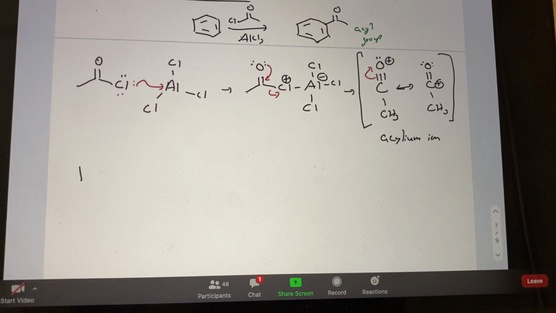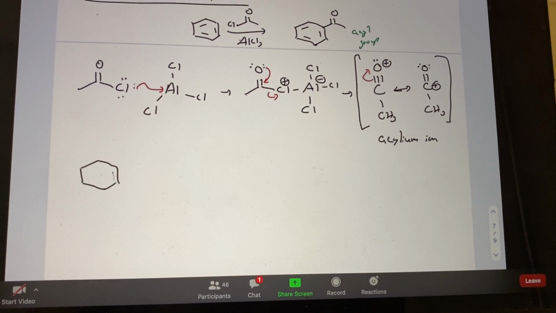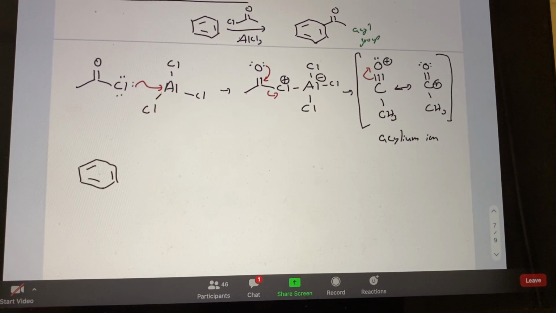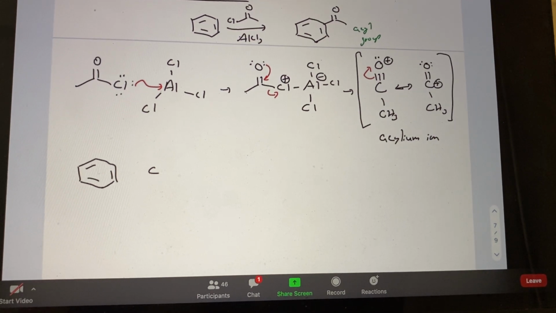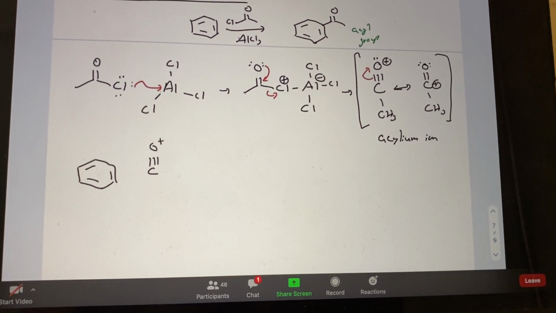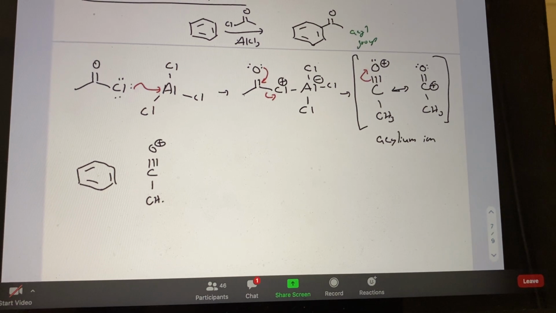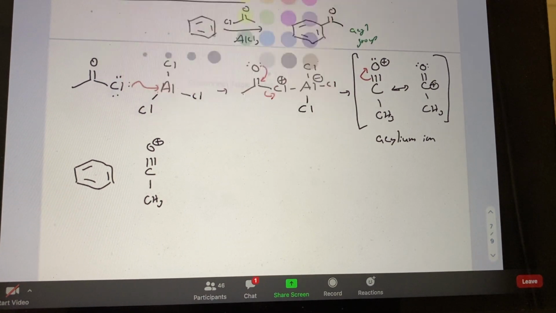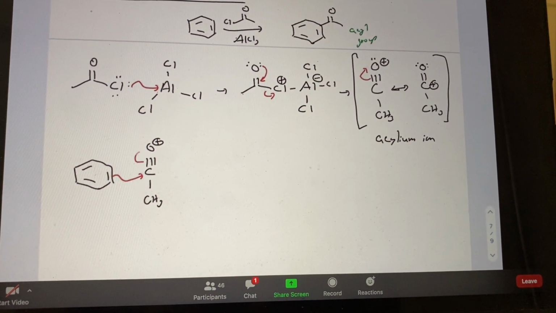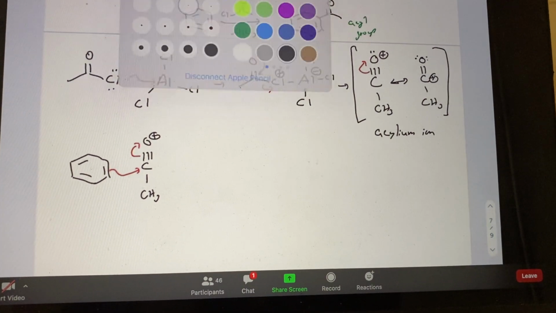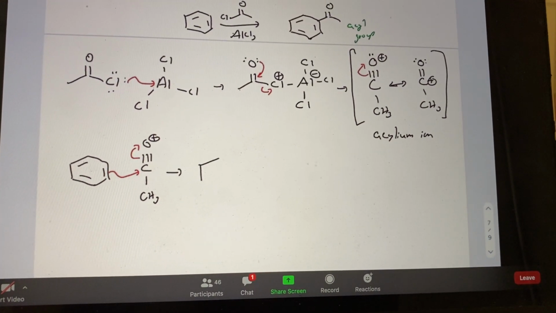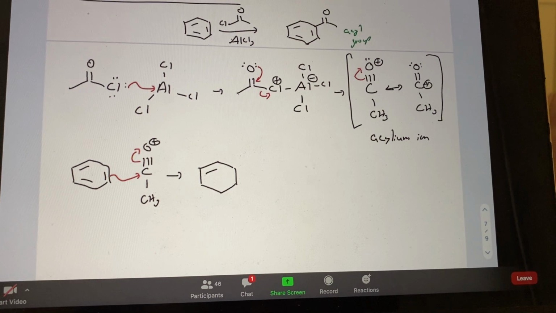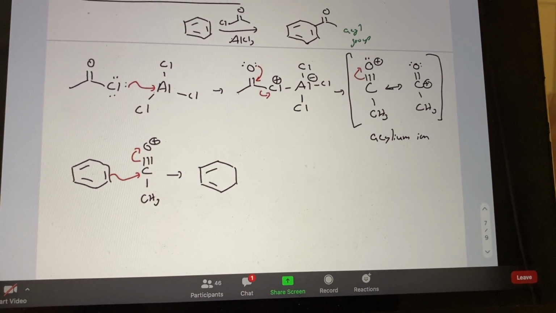So now let's just go back to the reactions that we've seen all along. Let's redraw benzene. Let's draw our acylium ion. I'll draw the oxygen formal charge. Doesn't matter which one. And let's have this act as our strong electrophile. I think that's the best benzene so far.